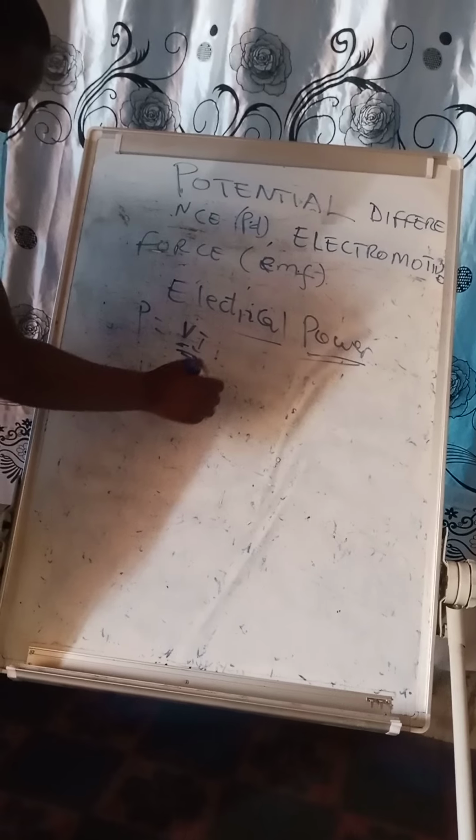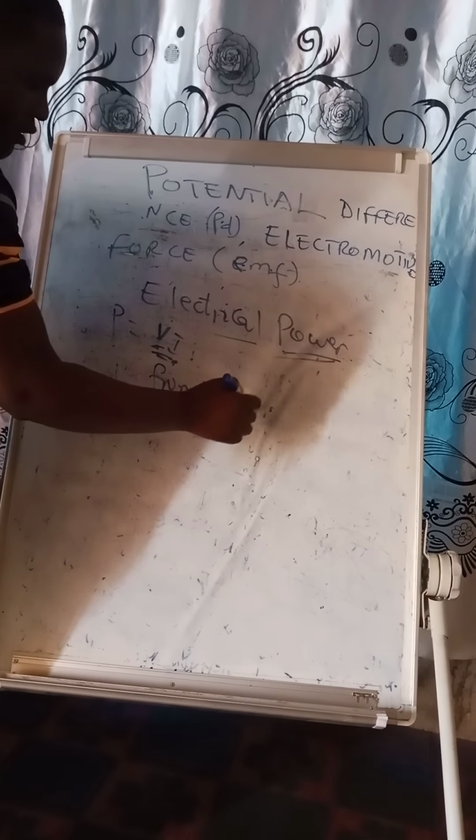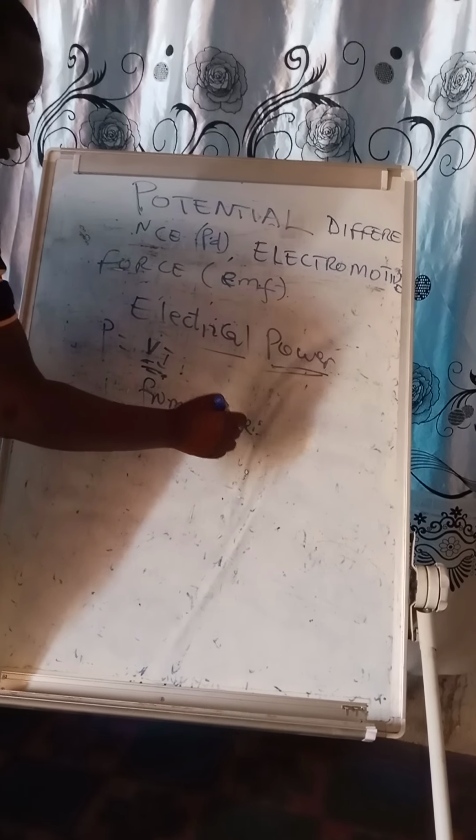From here we can also give power in terms of resistance. From V is equal to IR, we can remove V here.